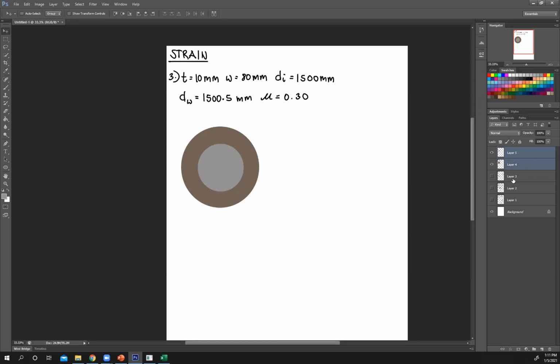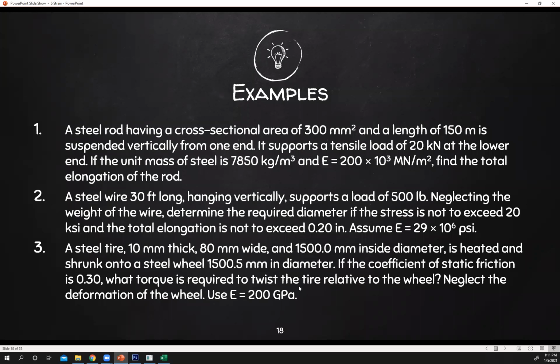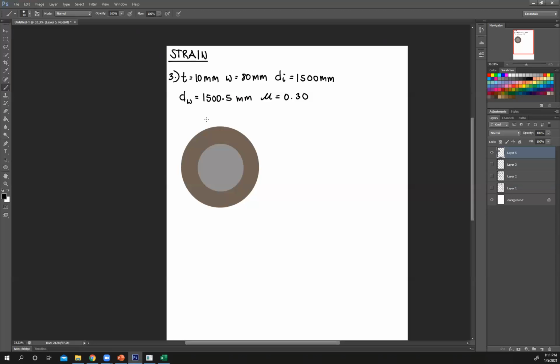So what happens there is, this is your wheel. This is your tire, the brown one. It was heated up, so it's gonna expand. Then you place it on your wheel, and it's gonna hug that. Okay, so what we're looking for now is the torque required to twist the tire relative to the wheel. So we're looking for torque. And how much torque do you need to apply so that this tire will rotate about the wheel?